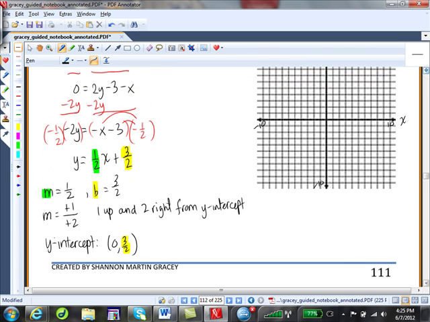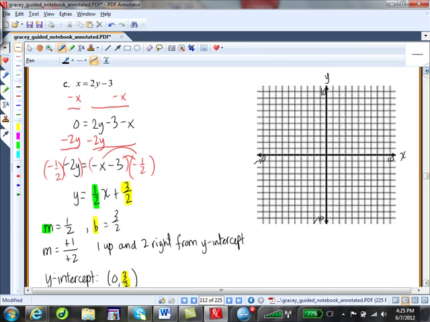Okay. So let's come back up here to the picture. So graphing our intercept, we're at 0, 3/2. So 3/2 is 1.5, so it'll be in the center there. Our slope was positive 1 up and then 2 to the right. So 1 up is here, and then 1, 2 to the right takes us here.